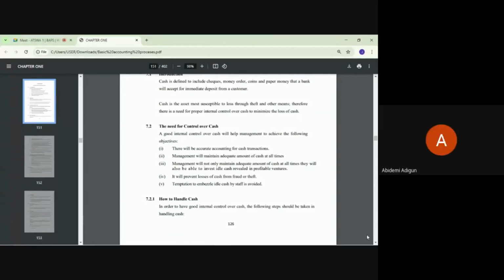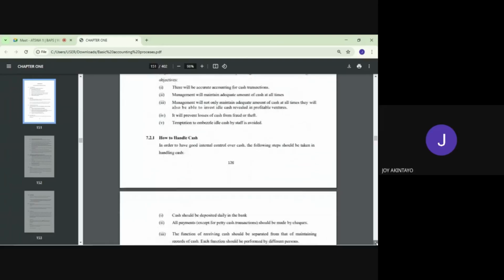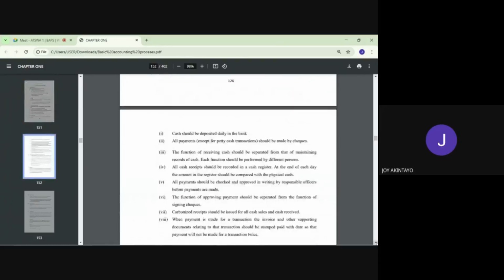When there is much cash, the temptation to use it will come. But having control over cash will help them keep it, so that there won't be embezzlement and it will not be used for personal use by the staff.